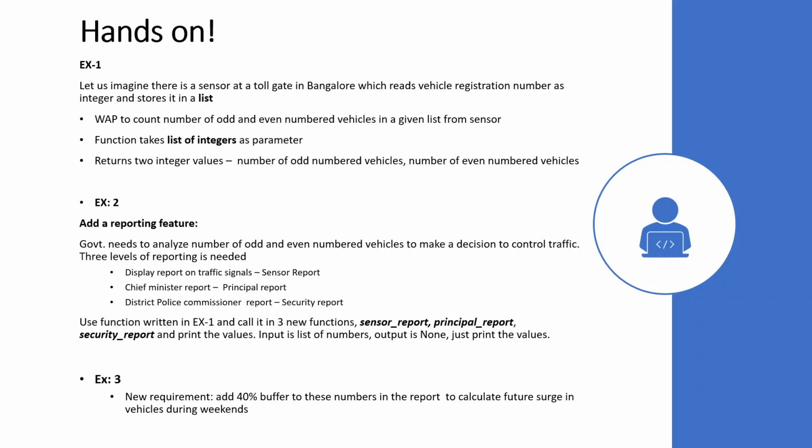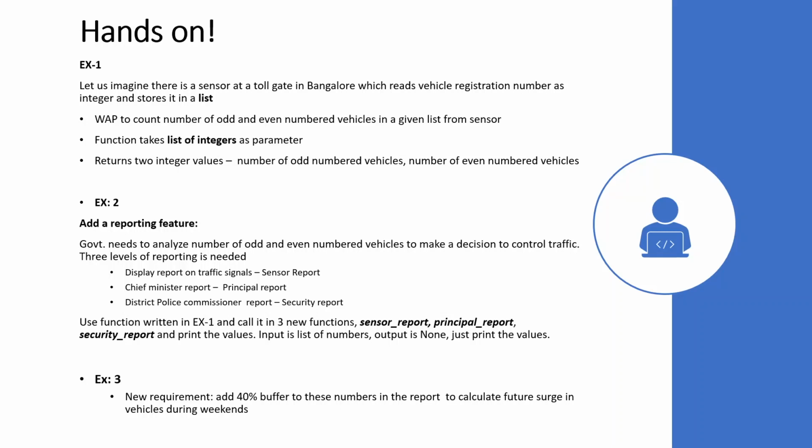This sensor reads the vehicle registration number as an integer. If my car number is K 5810, it just stores 5810 as an integer and puts it in a list. Maybe there are 48,000 or 50,000 vehicles passing through that toll gate every day, and these numbers are stored in a list.